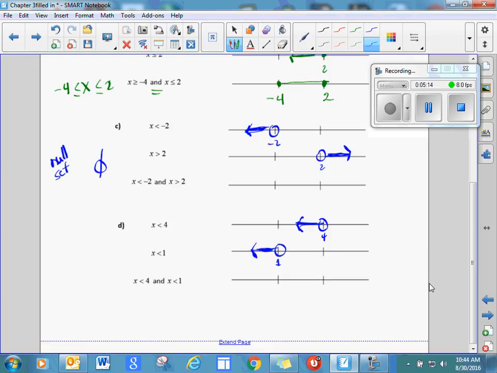So I asked myself which numbers satisfy both of these conditions, and it is this set of numbers right here. All of the numbers in this graph are the only ones that satisfy both of those conditions, because all of these are less than 4, and they're also less than 1.